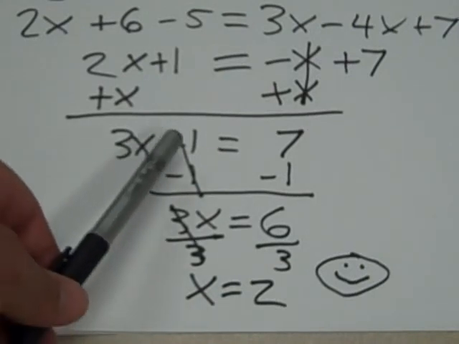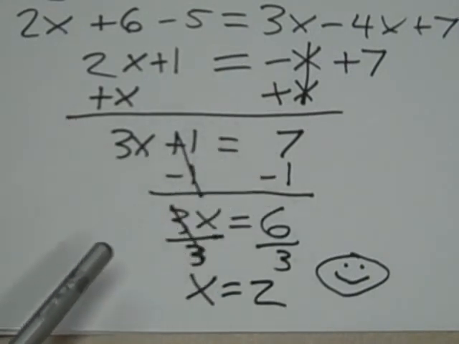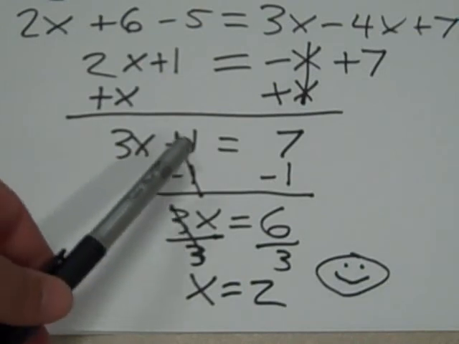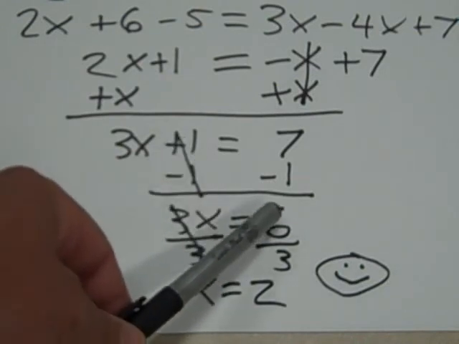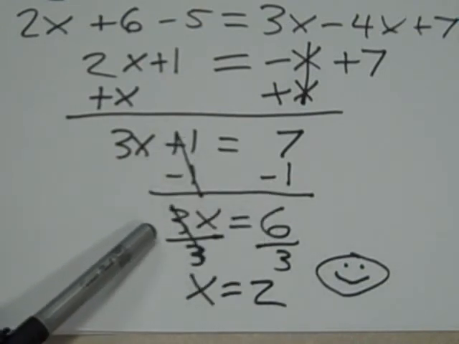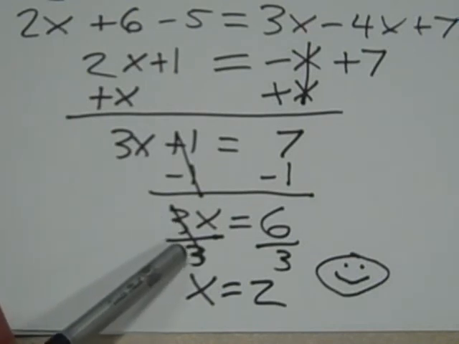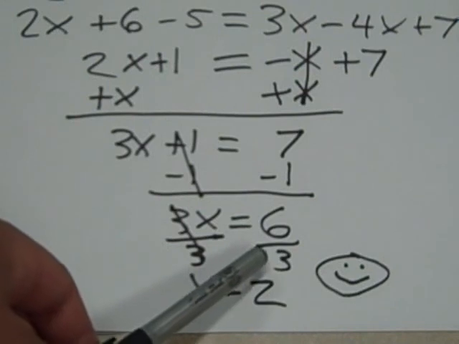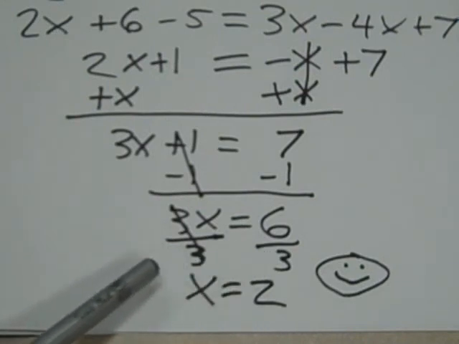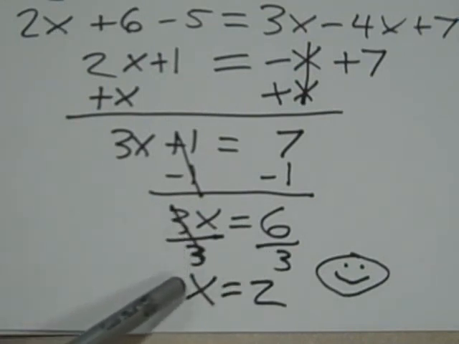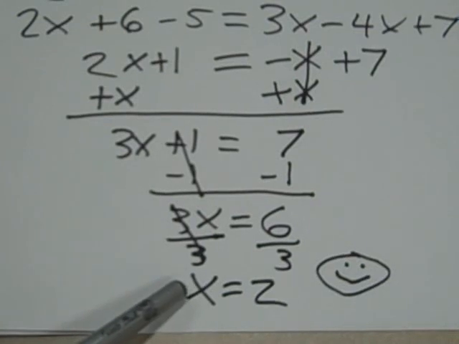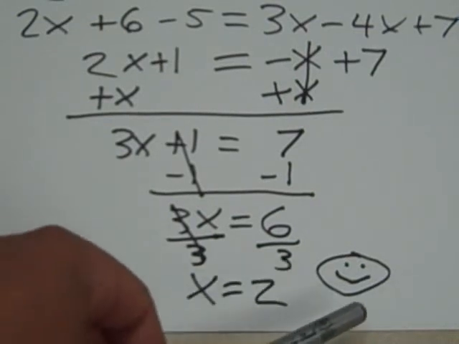Okay, so we subtracted 1 from both sides, and we got 3x, the 1's canceled out, equals 6. And we needed to undo multiplication, so we divided by 3 on both sides. And we got, after the x is canceled out to 1, we get x equals 2. And we're done.